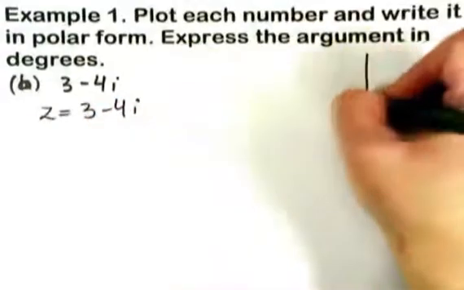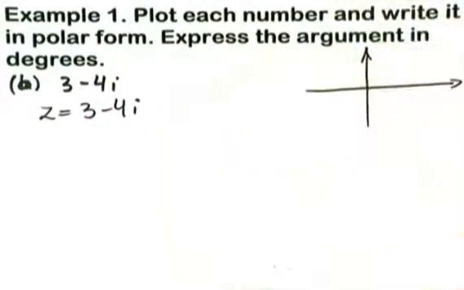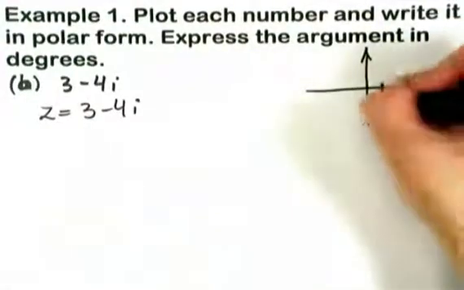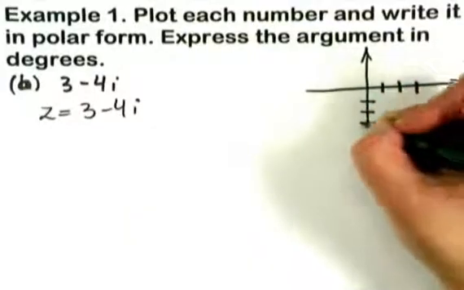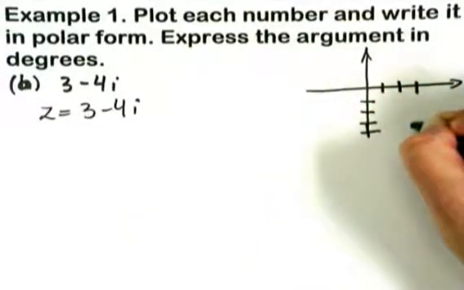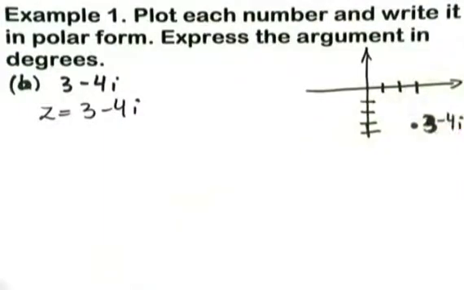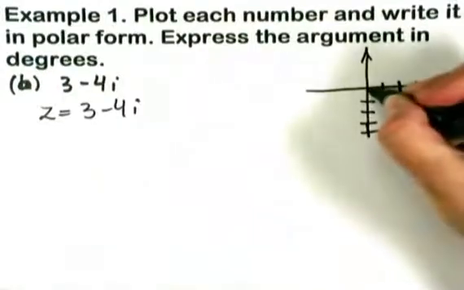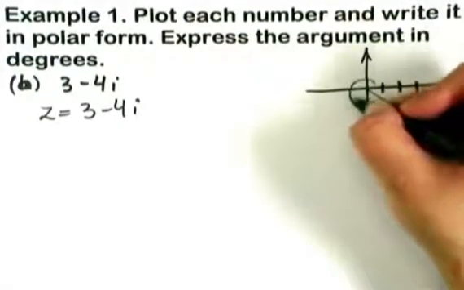We can plot it. We know that the first coordinate is x, the second coordinate is y. So we are plotting 1, 2, 3 and negative 4: 1, 2, 3, 4 right here. 3 minus 4i is that point. So we can connect this with the origin, and we will be looking for this angle.